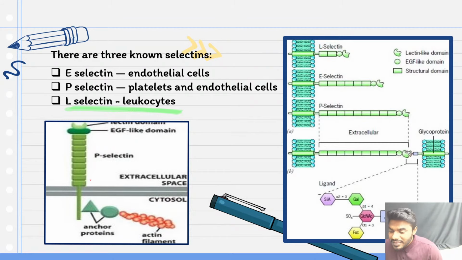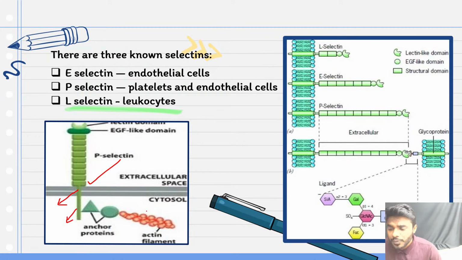In the cadherin molecule, the largest domain is, without doubt, the extracellular domain. Similarly, in selectin also, the large domain is the extracellular domain, followed by the transmembrane domain and intracellular domain. And we discussed clearly that the cadherin molecule has the cytosolic domain associated with the actin filaments. That is what we studied.